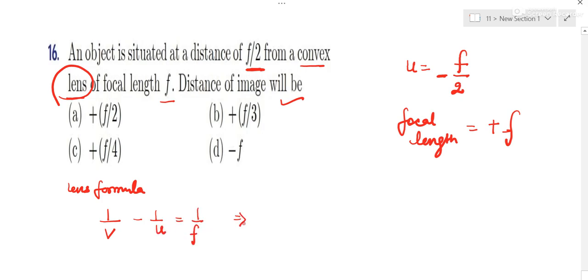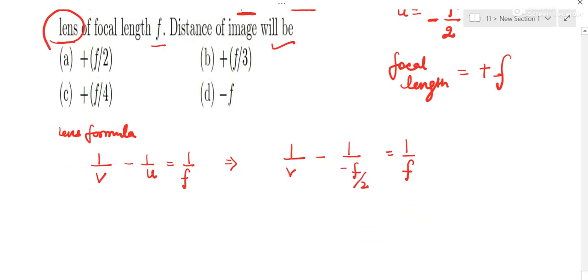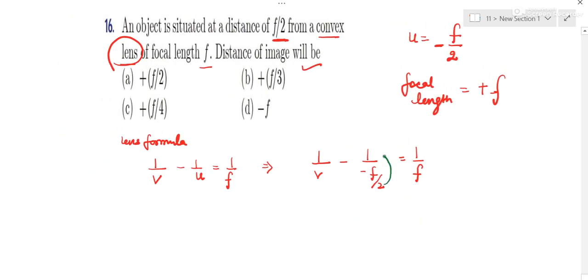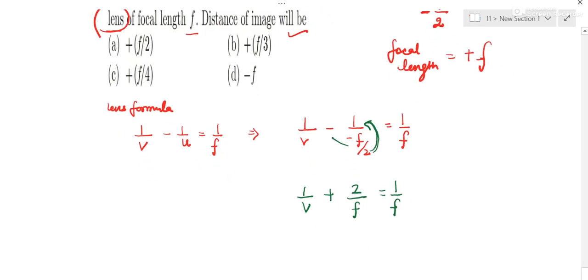Let us substitute the values. 1 by v minus 1 by minus f by 2 is equal to 1 by f. Now we will take this 2 up. So it is 1 by v minus minus is plus 2 by f is equal to 1 by f. Now 1 by v is equal to 1 by f minus 2 by f. I have taken 2 by f that side.